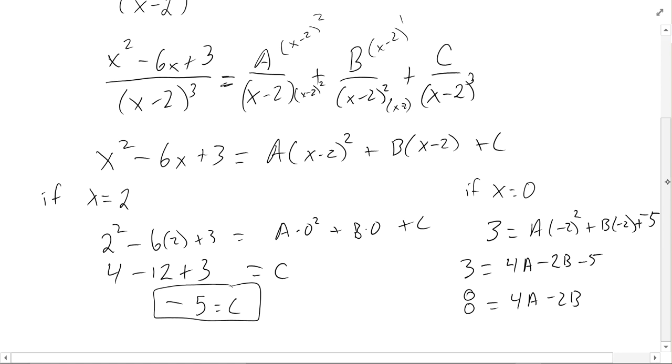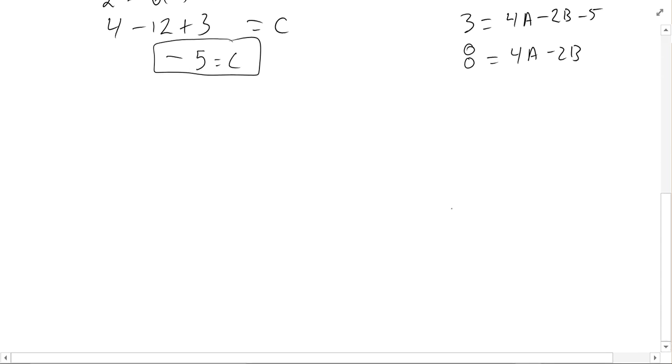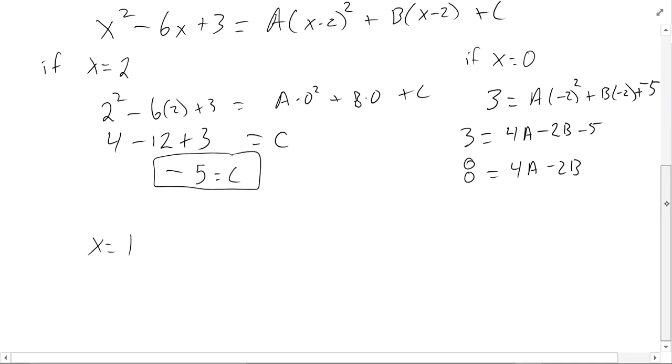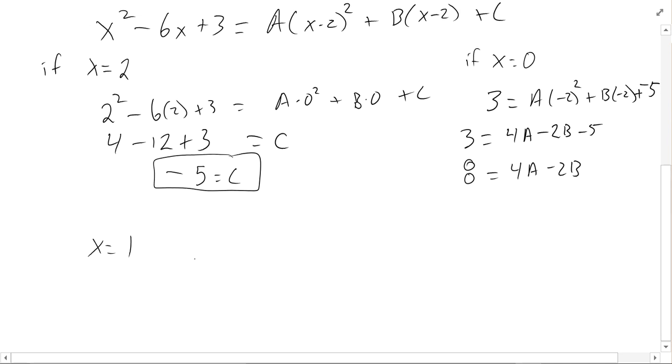All right, and then if I let x equal 1, it's usually a pretty nice number to put in. On the left side, if x is equal to 1, I'm going to get 1 minus 6 plus 3, and that's going to equal A times negative 1 squared plus B times negative 1 plus C, which I already know is negative 5.